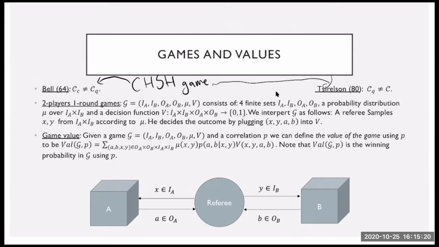We think of it as if there is some referee. He flips some coins, and according to the results of the coins, he sends some questions, X to box A and Y to box B, out of the input sets for both boxes. They do their magic. They use some model of physics and correlate in some way, and they answer accordingly with answers A and B. And then the referee decides whether they win or lose according to this function V.